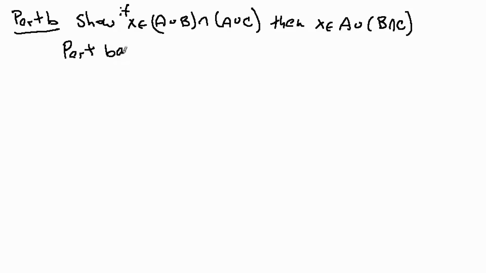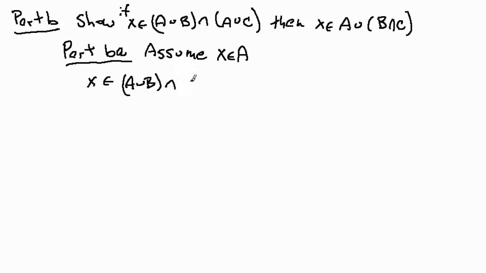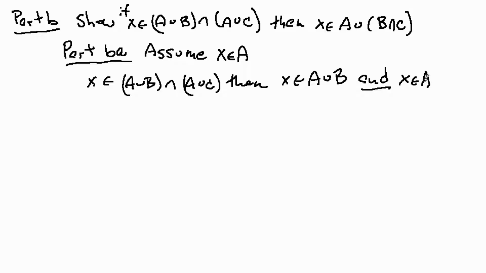So basically, we're going to have part BA. And in part BA, we will assume X is contained in A. Okay, now if we have that X is contained in A union B intersection A union C, then X is contained in A union B and X is contained in A union C. Okay, the and corresponds to the intersection over here.